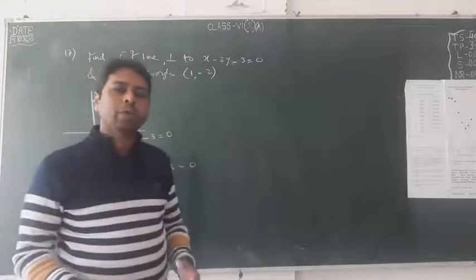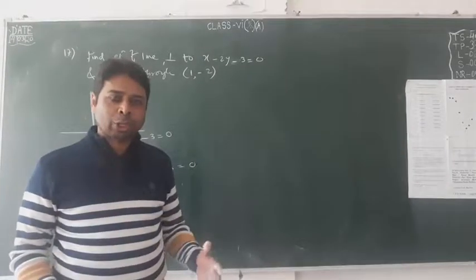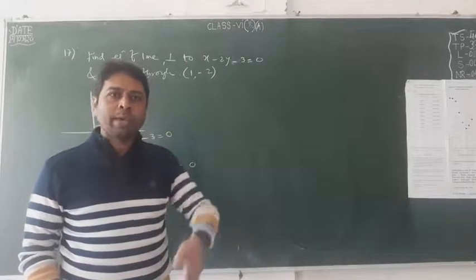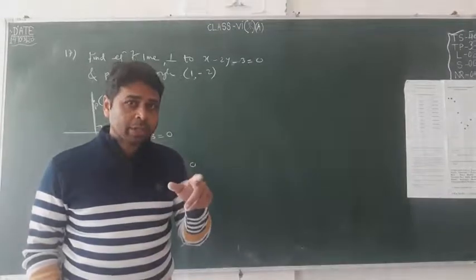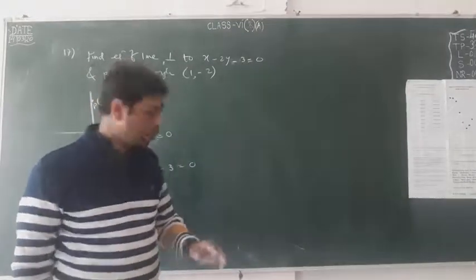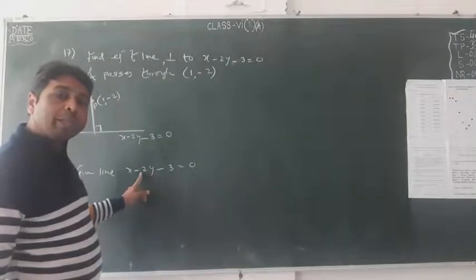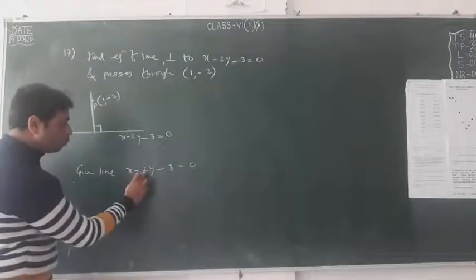Now recall your yesterday's knowledge or previous lecture. What was the previous lecture? I told you, when one line is given, you can find its perpendicular line by taking some constant k. So I taught you the beautiful trick. What was that? The coefficient of y with the same sign will be written with the x, minus 2x.